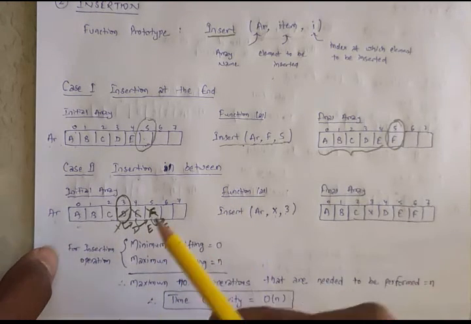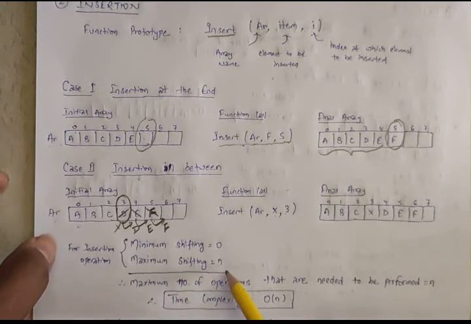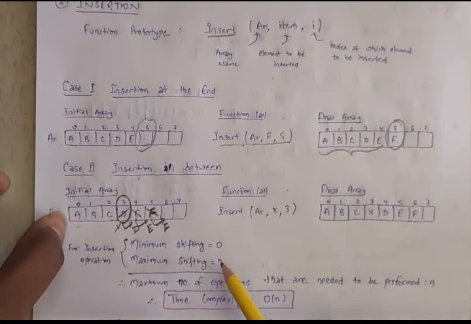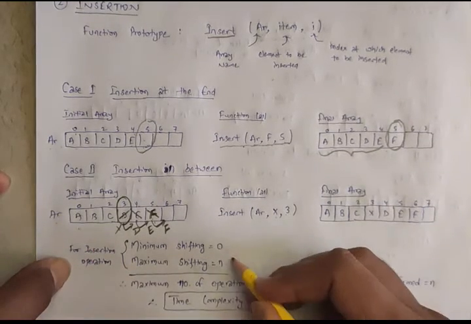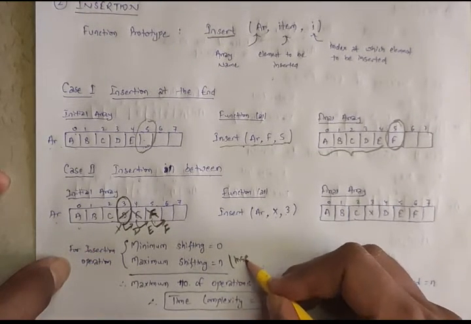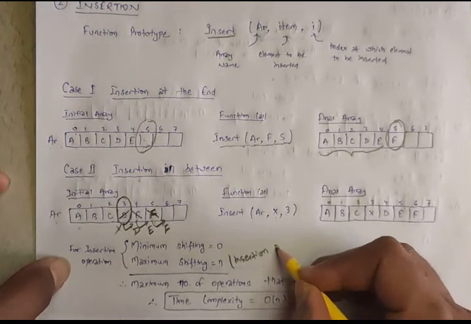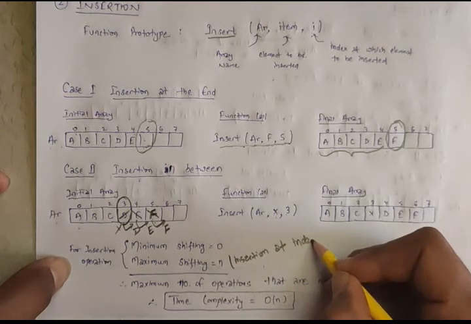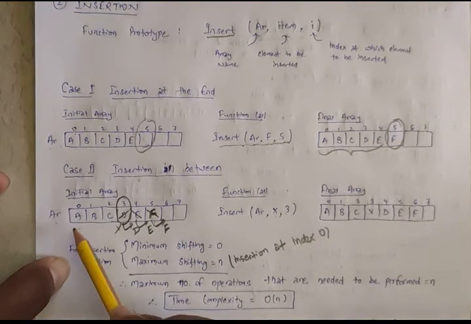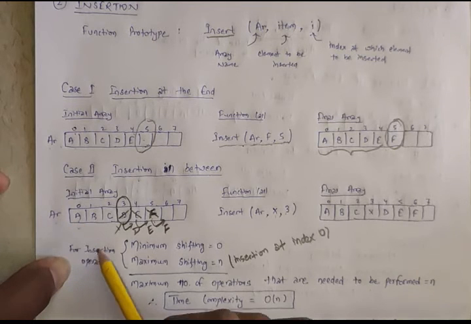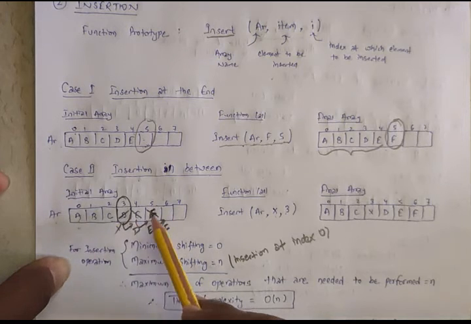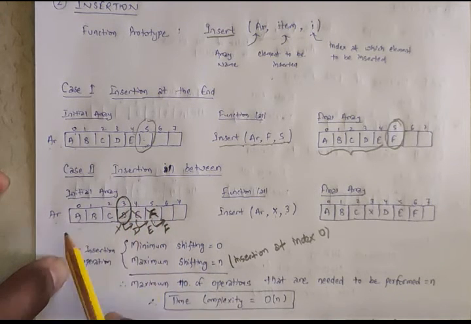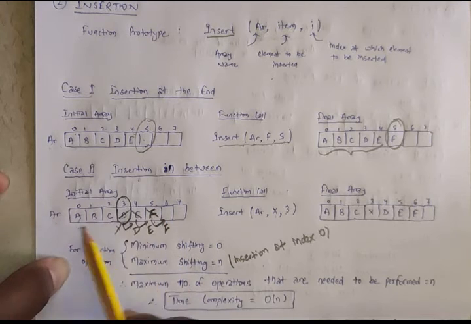So what can be the maximum shifting? The maximum shifting can be N when the element has to be inserted at the 0th index. So when insertion is at index 0, if we have to insert over here, then we need to move all the n elements one by one to the next index.